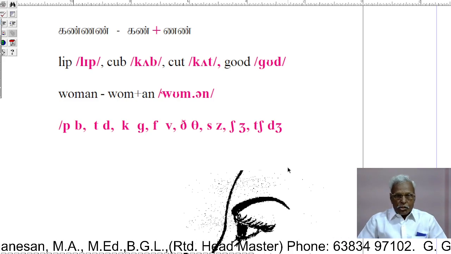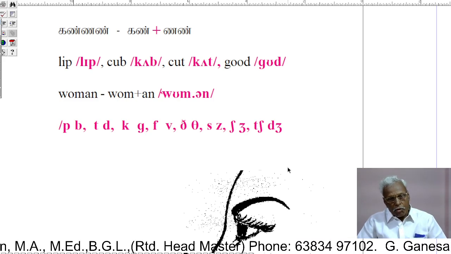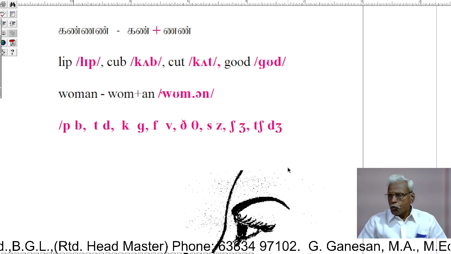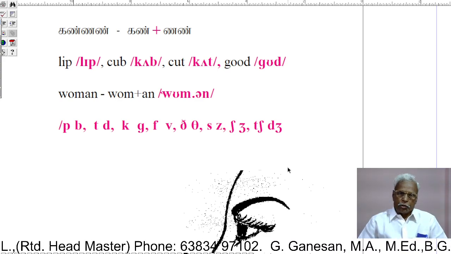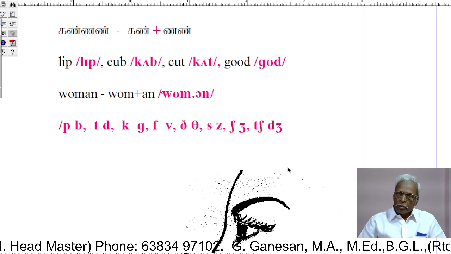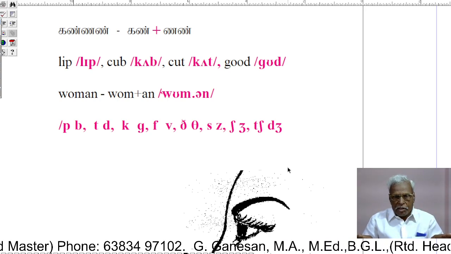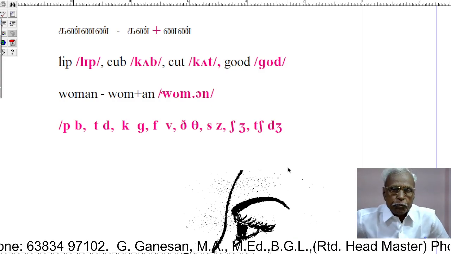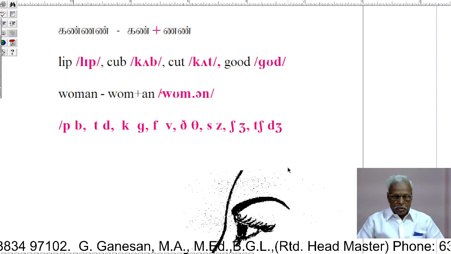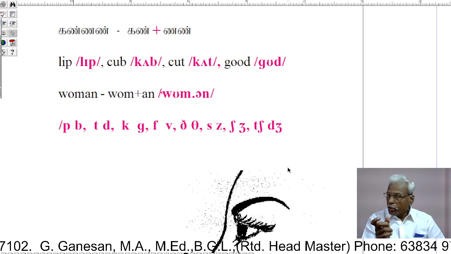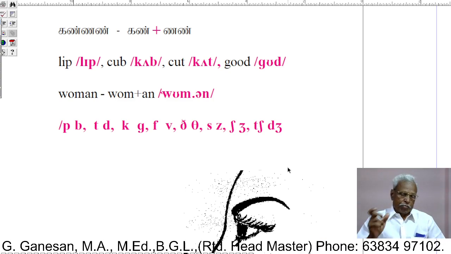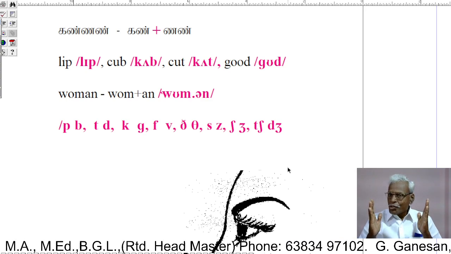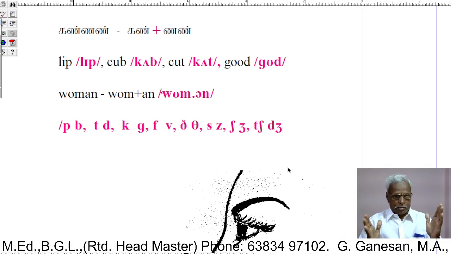Dear teachers and students and educationists, in Tamil, 21 consonant phonemes are used. These 21 phonemes have their separate identity. But in English, out of the 24 consonant phonemes, 16 phonemes are pairs.